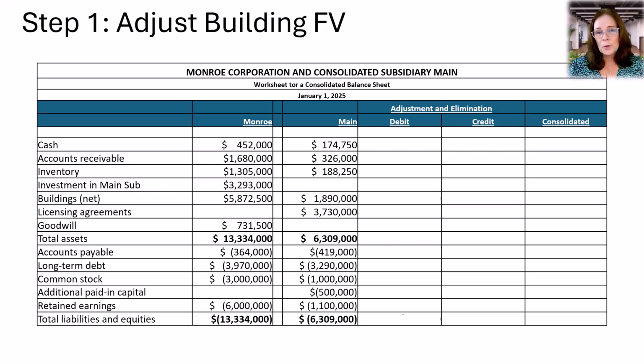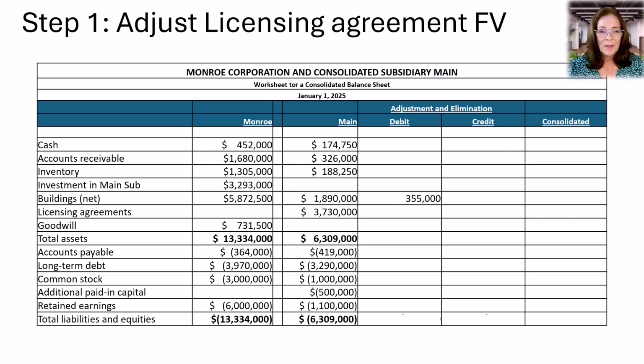The first step is to adjust Maine's assets to fair value, and we'll start with the buildings, which have a book value of $1,890,000, which we will step up to the fair value of the building by adding $355,000. Next, we'll adjust the licensing agreement's book value of $3,730,000 down by $160,000.